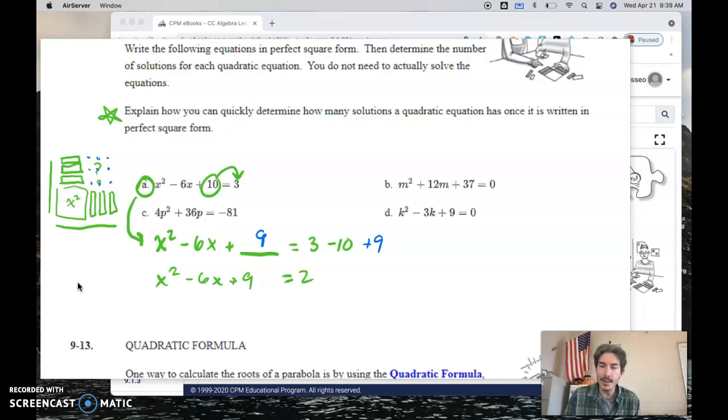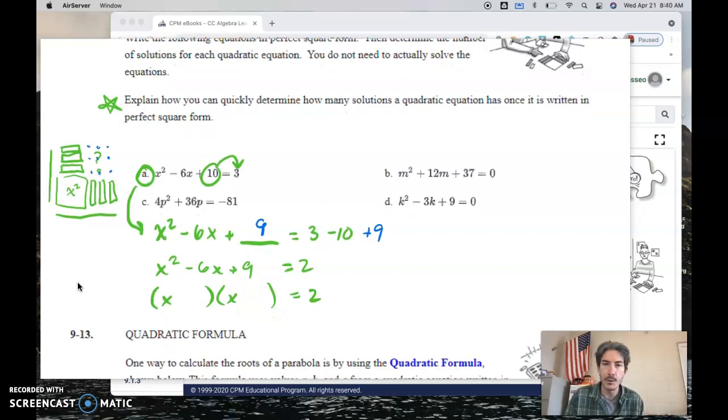But I want to write this in perfect square form. When I write this in perfect square form, it becomes x and x. This over here on the right is going to still be 2. And the question is, what two numbers multiply to be positive 9 that add up to negative 6? And remember, my dimensions are here. This is x and negative 1 and negative 1 and negative 1.